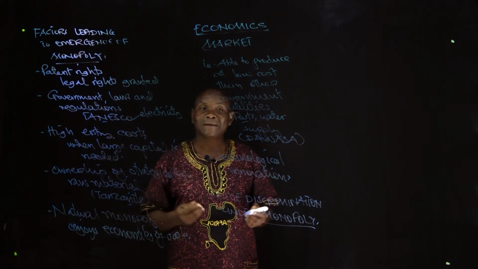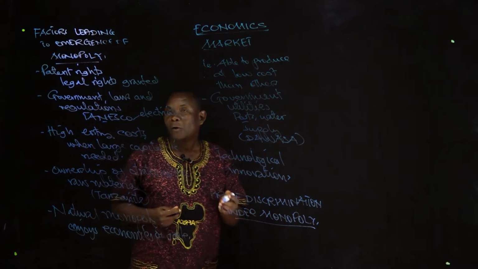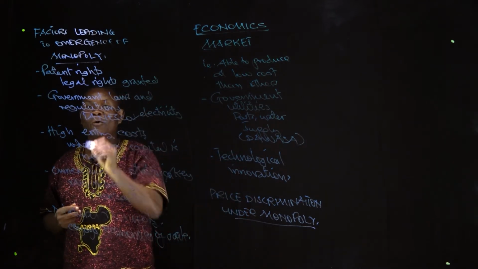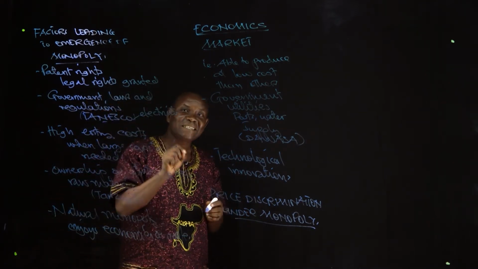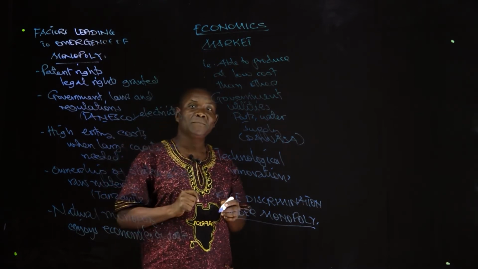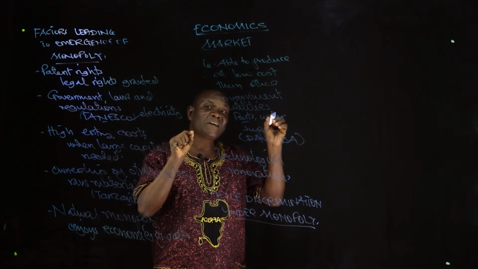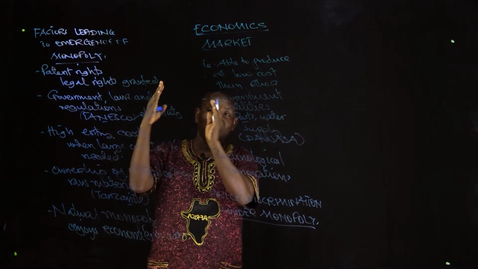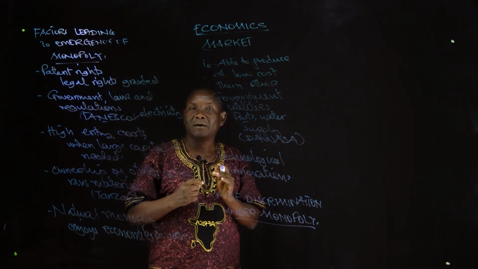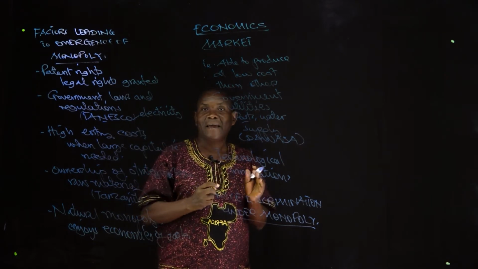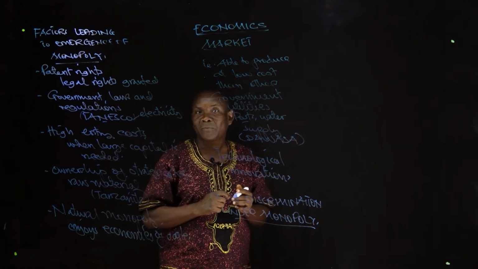For instance, we have TANESCO, which sells the same commodity, which is electricity, at different prices to different customers in the case of domestic users and industrial users.